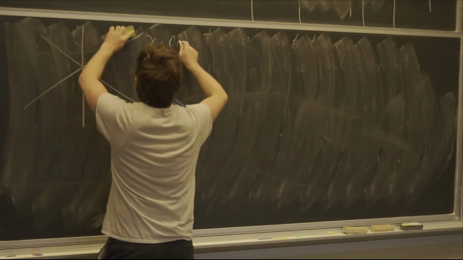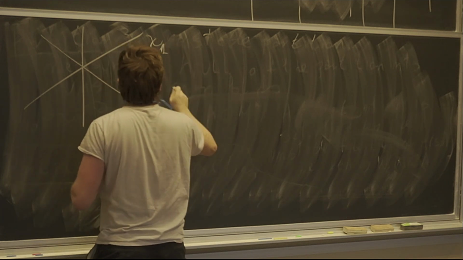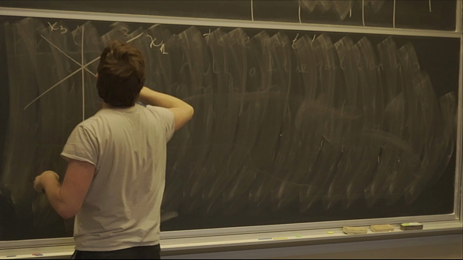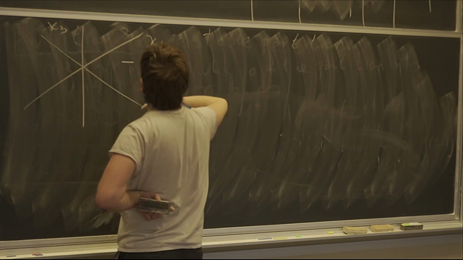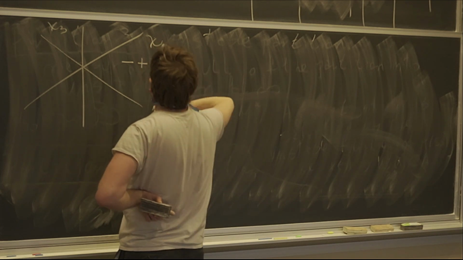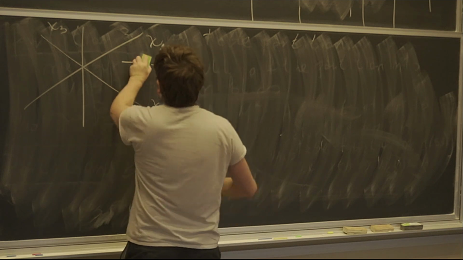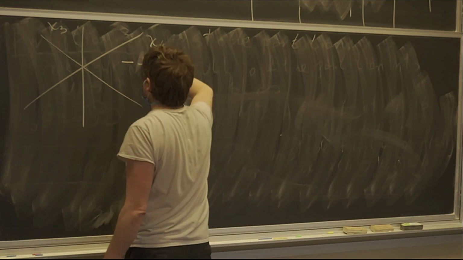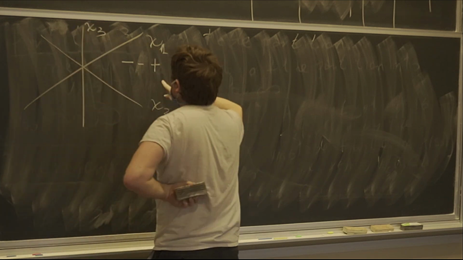This is chi1, this is chi2, this is chi3, and assuming that down here I have negative for chi1, and positive for chi2. I cannot have both chi2 and chi3 positive.